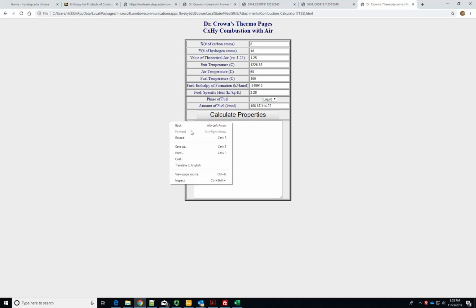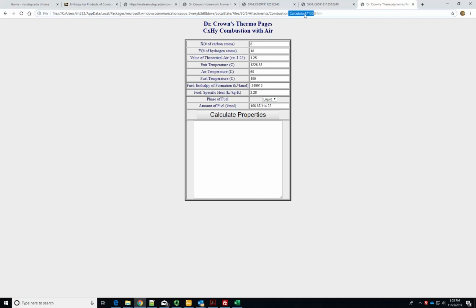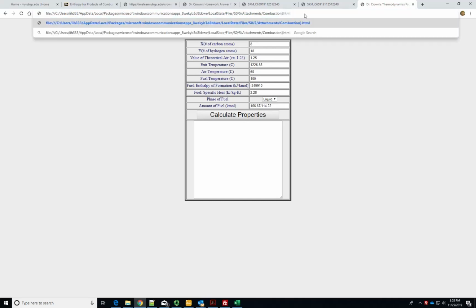So, okay, this is the combustion calculator. The combustion calculator isn't finished, so let's try one that is.